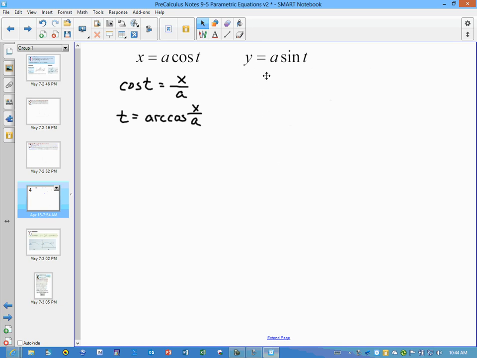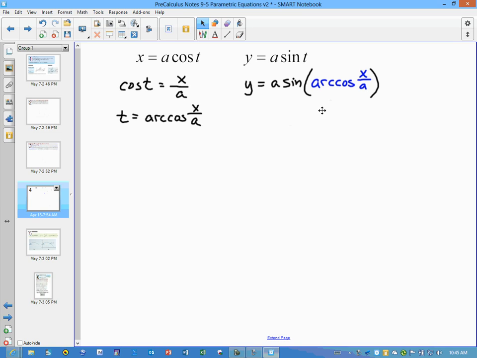So instead of y equals a sine of t, I'm going to say y equals a sine of this expression. So y equals a sine of arc cosine of x over a. And now the understanding I want you to have with this equation is that the blue thing here represents an angle. It represents an angle because it's the argument of this trig function. It also represents an angle because it is arc cosine.